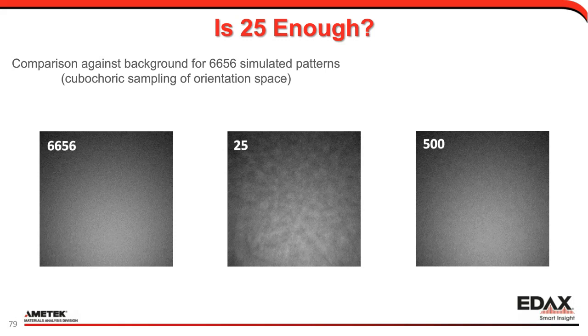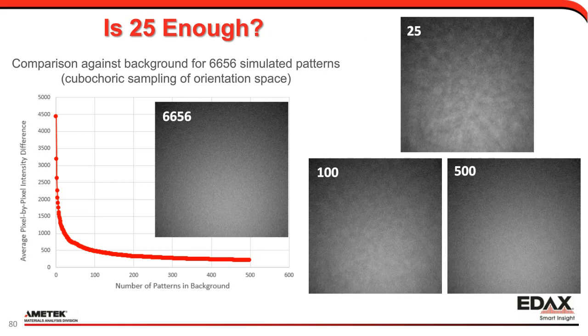In fact, if I use my 6,656 as a standard, you can see you get to about 100 patterns and it flattens out. We could use maybe 100 patterns, even though it is a little rough, but it's pretty easy for us to simulate more than that. And that answers the question I had. In fact, the codes can pull out the average, a simulated background pattern, so you don't have to go through the process of averaging patterns.